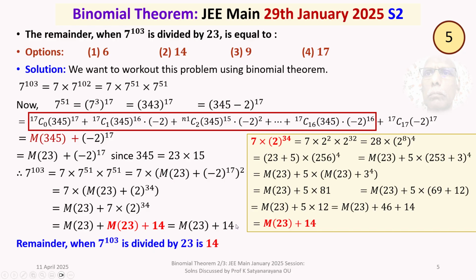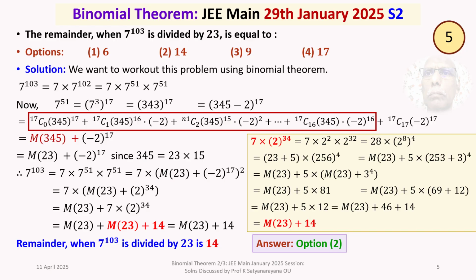So where is the answer? The answer appears against option 2. Therefore, the answer to this question is option 2. That is the detailed discussion of the solution of this problem using the binomial theorem.